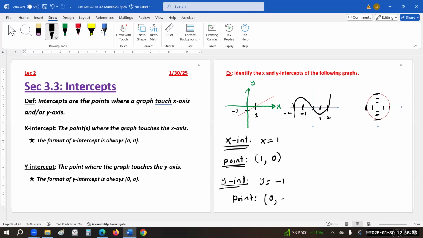So it's (0, -1). The point format is important because in the final exam, they want you to write the x and y-intercepts as a point, not like this. You should write them in point format. That's why you have to remember how to write anything in point format.